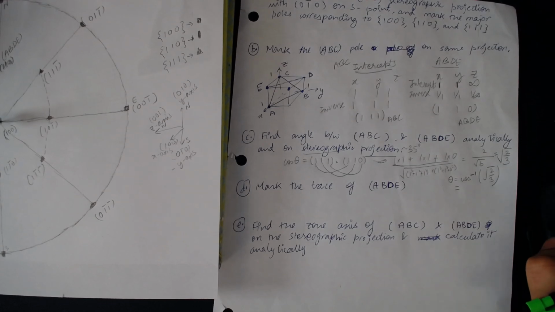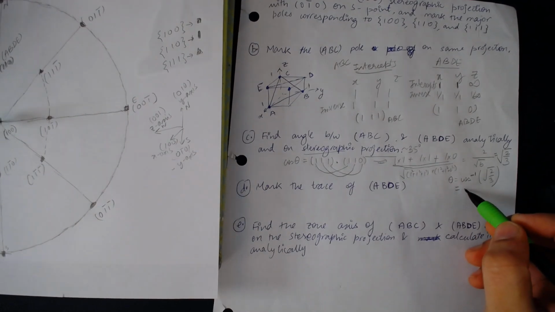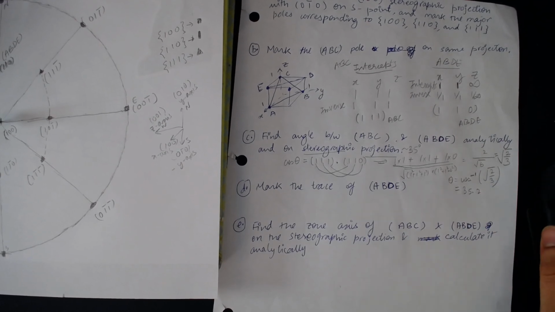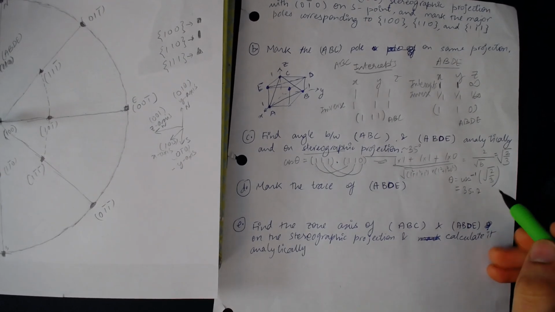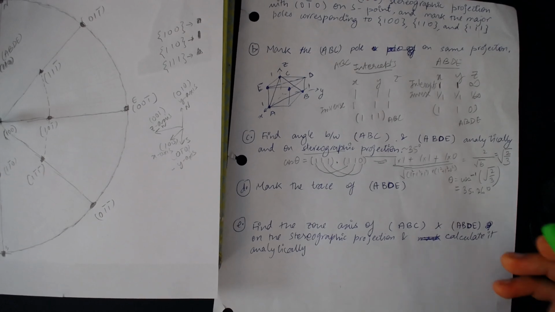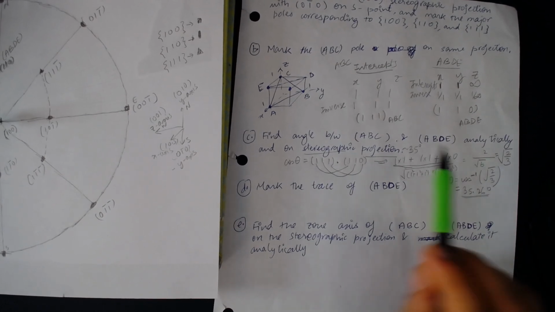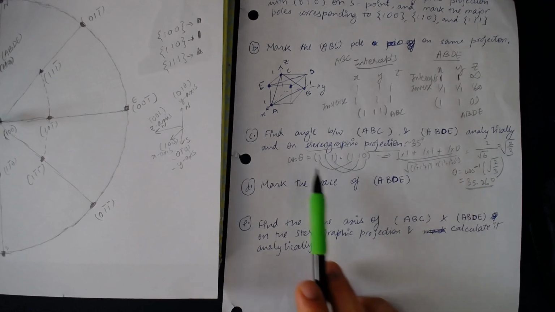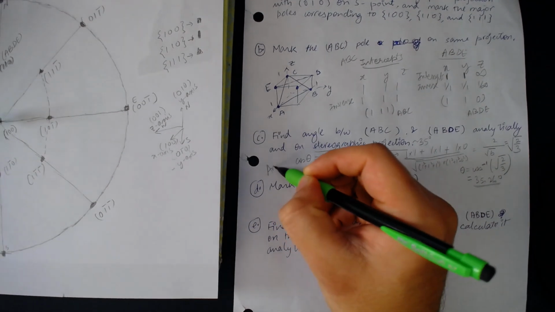Alright, and that comes out to be 35.26 degrees. Alright, so you can see this is the exact value. 35 degrees is what we got from the stereographic projection. So this is how you do it analytically using the cosine.